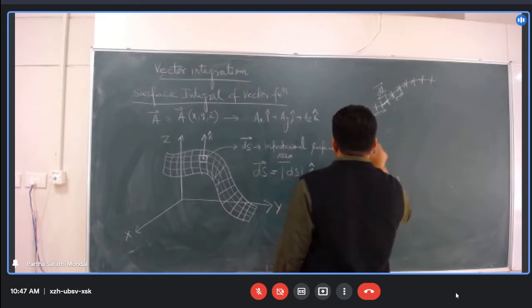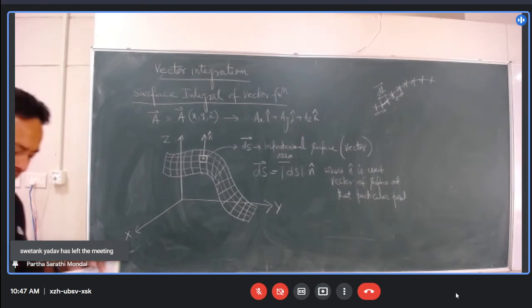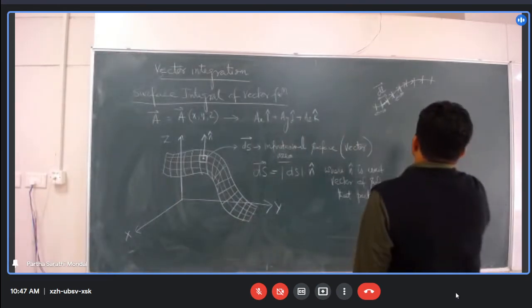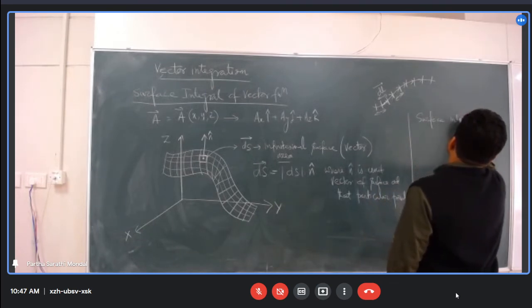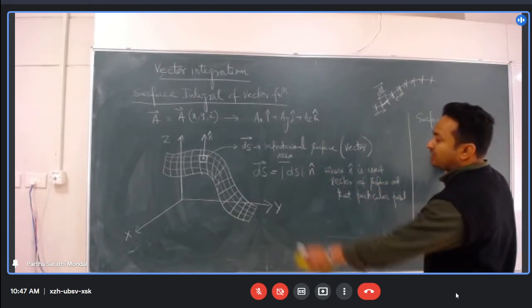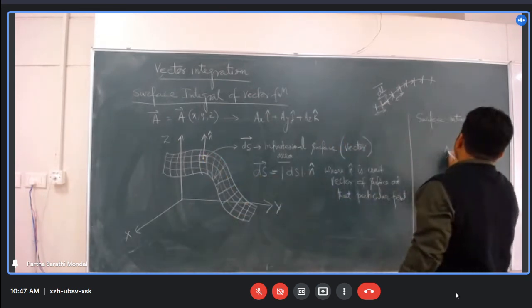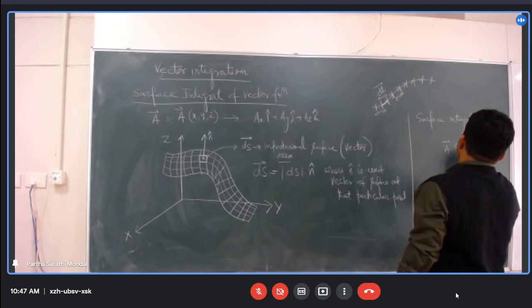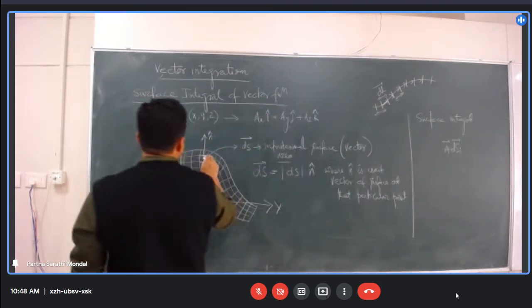It's not a scalar quantity. Then everything is the same as your line integral. So the surface integral is, in a similar way, we have to calculate for each point. So for, let's say, this point, you have to calculate A dot dsi. Okay, I am saying that this is the ith point.